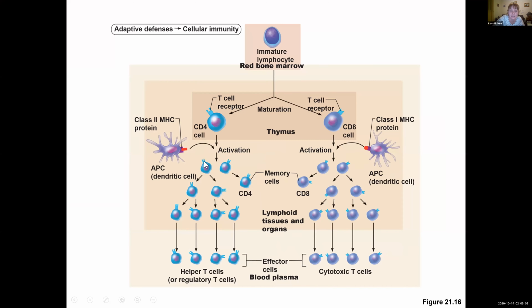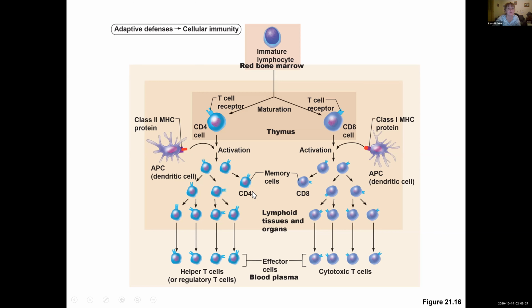No, just specific cells that have a specific receptor for this antigen. If they activate CD4 cells, they become helper T cells, and those circulate in the blood plasma. If they activate CD8 T cells, then they become cytotoxic T cells that circulate in the plasma as well.